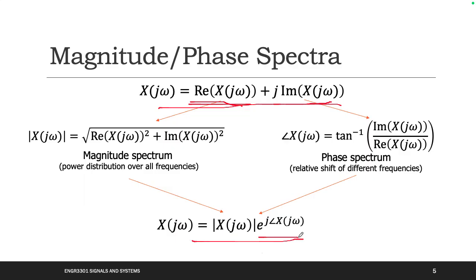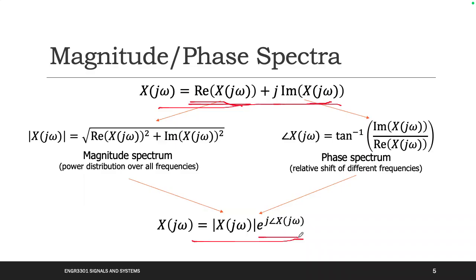That makes sense to you? If you totally understand the FS representation, FS synthesis, FS analysis, and FS coefficient, the FT is very easy to understand because it's very similar. Any questions so far?